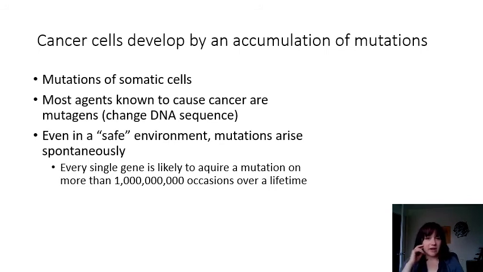Anytime a cell divides is an opportunity for a mistake to occur, because every time that a cell divides, it has to go through S phase and replicate its DNA. And even though our DNA polymerases have proofreading mechanisms, they are not 100% perfect. And so there is an opportunity every time a cell divides for its DNA to acquire a mutation.